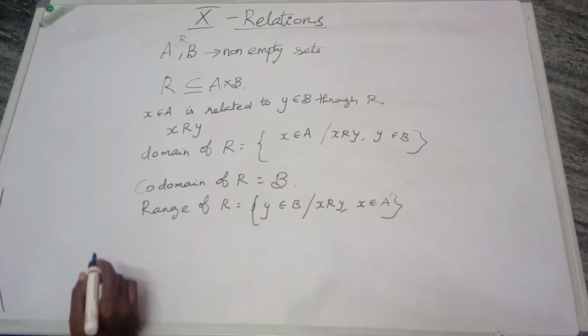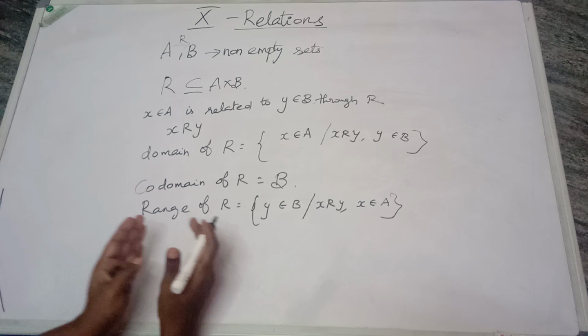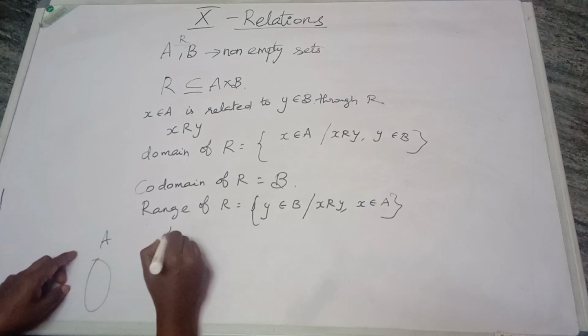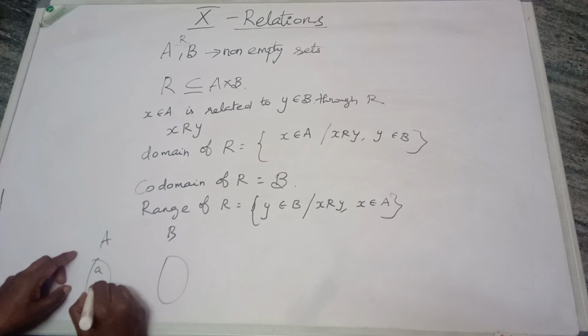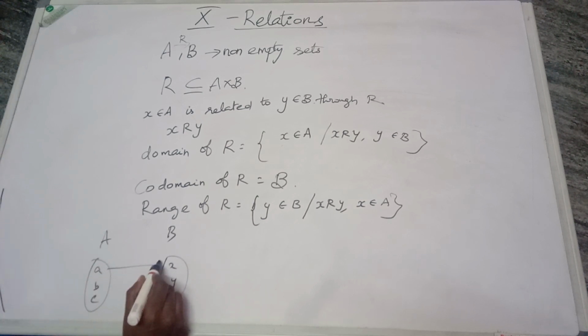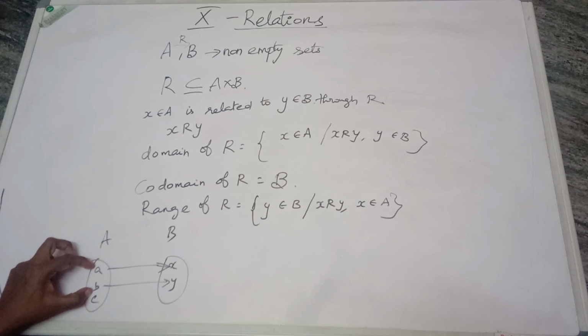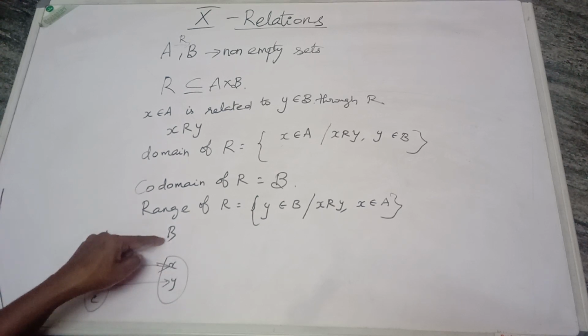That is, what are all the elements in B? Suppose the A set is here and the B set is here, with elements X and Y. If A is related to X and B is related to Y, then the domain is only A, B, because only A and B are related to elements in the second set.